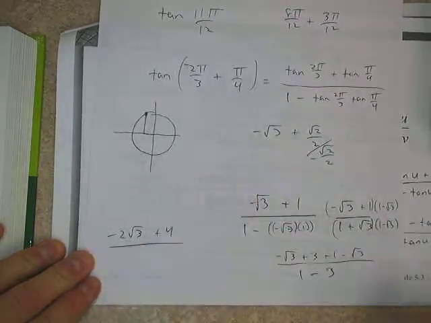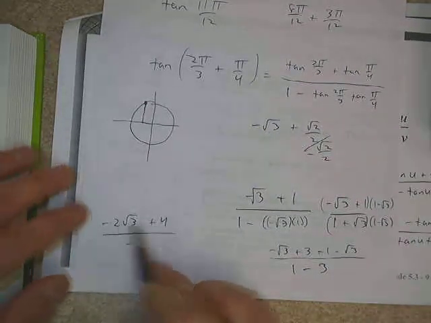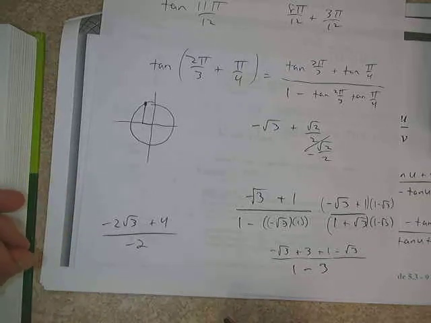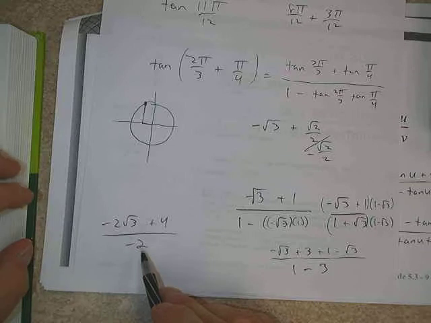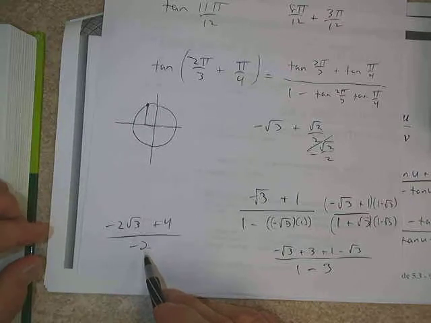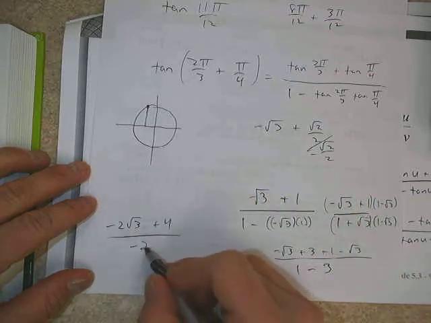On the bottom, if we did the first and the last, we'd get 1 minus 3. Simplifying the top, we'd get negative 2 radical 3 plus 4, and the bottom we'd get negative 2.